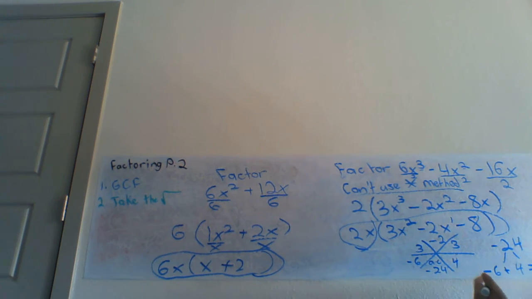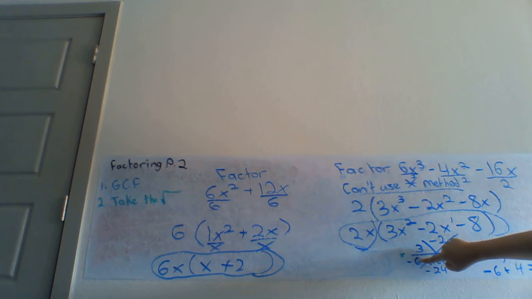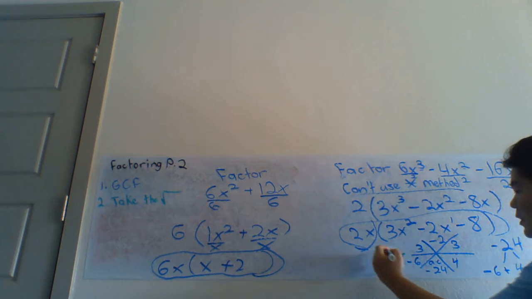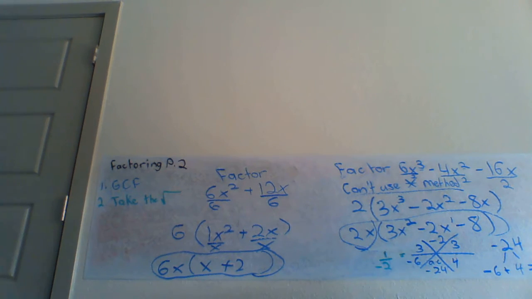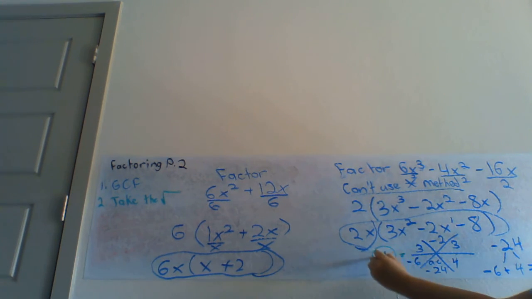So I'm going to take a look at my fractions. Can I reduce this? Can I reduce my fractions? Yes, I can. 3 divided by 6. 3 divided by 6. That's actually 1 over 2. But don't forget that negative on the bottom. That's my actual fraction right there.